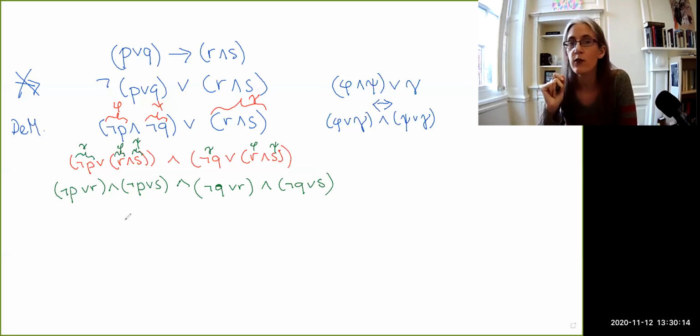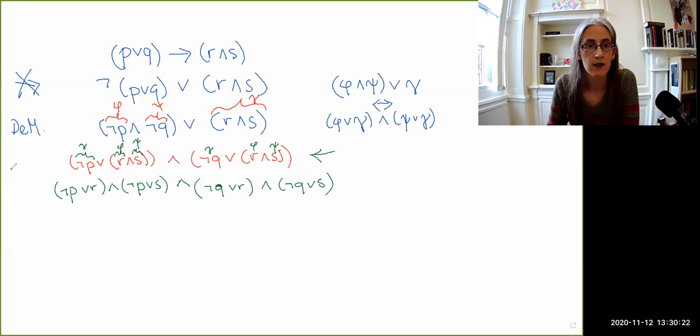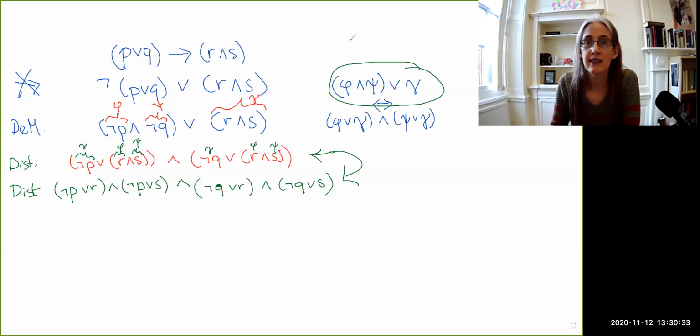The only other thing that I'm going to point out is that in doing this step of distribution, so here, this is distribution, this is also distribution. So going from here to here, you'll notice that we very silently did an instance of commutativity.